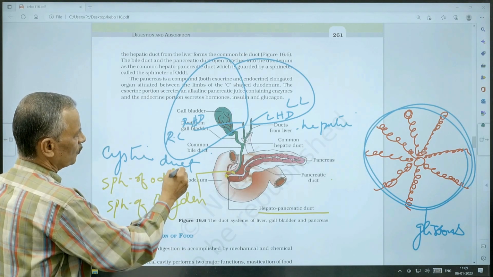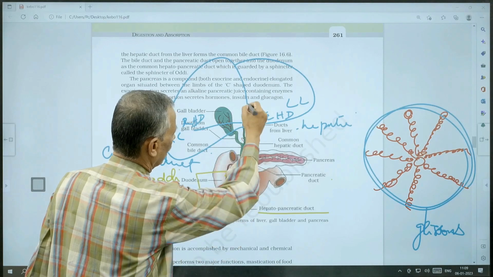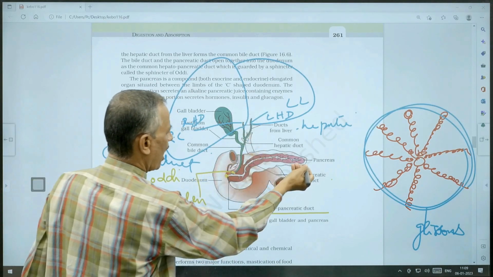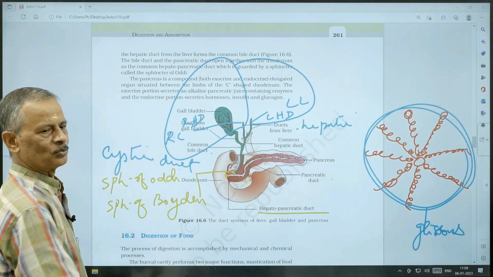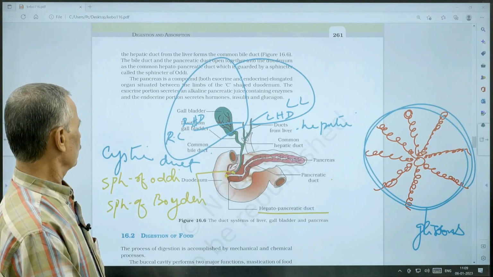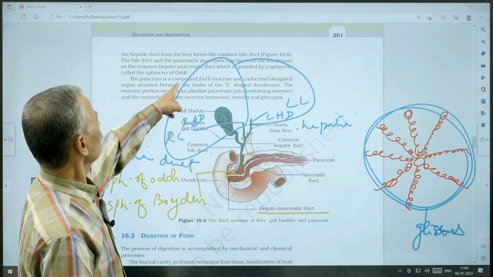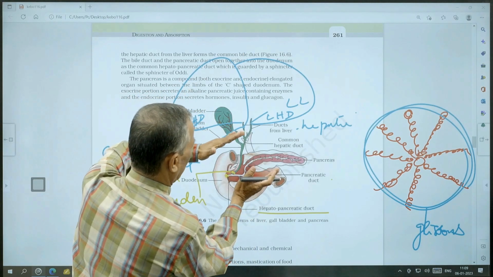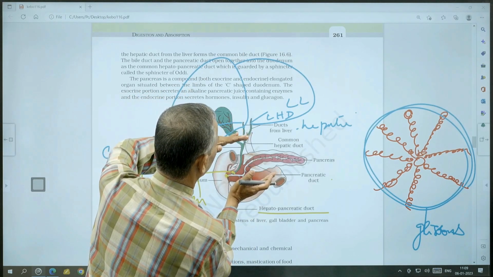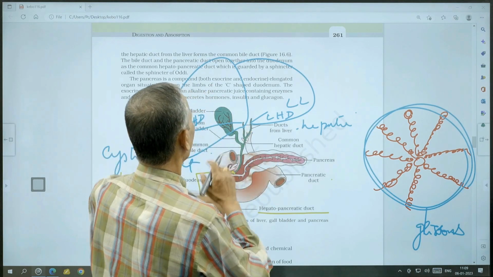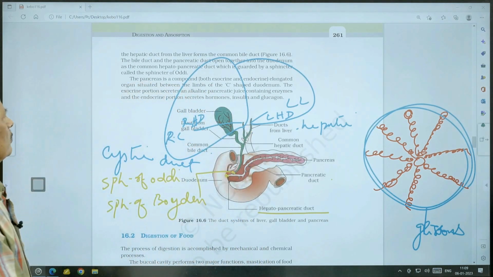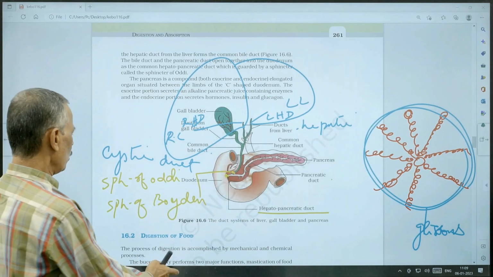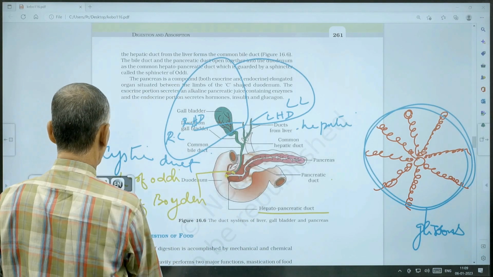So the sphincter of Oddi can regulate both bile flow as well as the pancreatic juice flow. Clear? So the pancreas is a compound, elongated organ located in between the two limbs of the C-shaped duodenum.